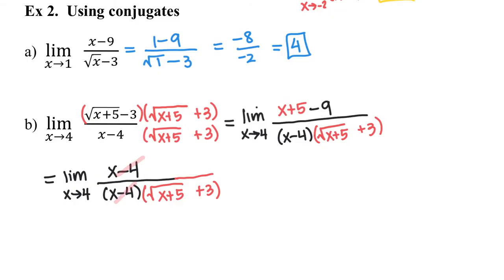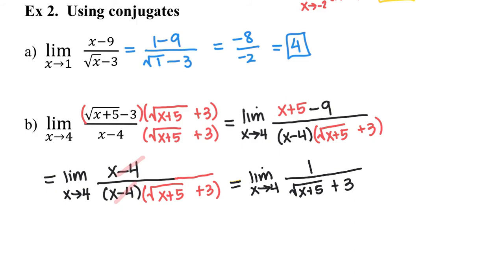And if I've done it right, there should always be something that will cancel that will help me evaluate the limit. So I'm left with 1 over root x plus 5 plus 3. And make sure you take it all the way to this simplified format before you do direct substitution.